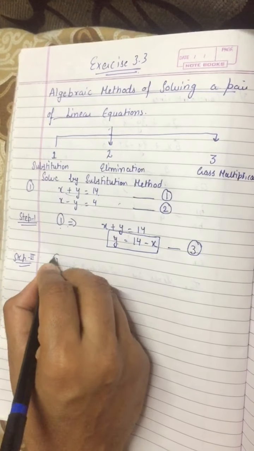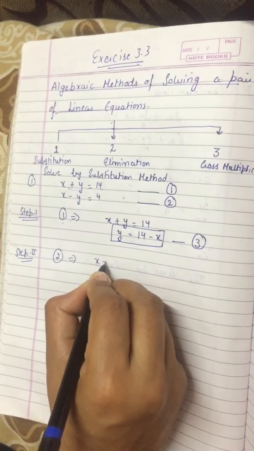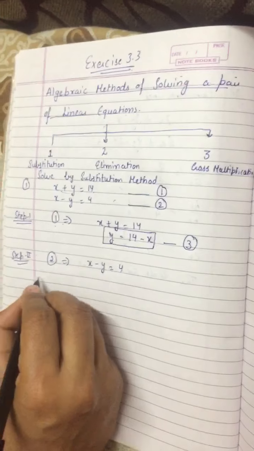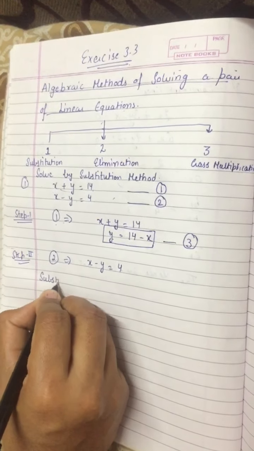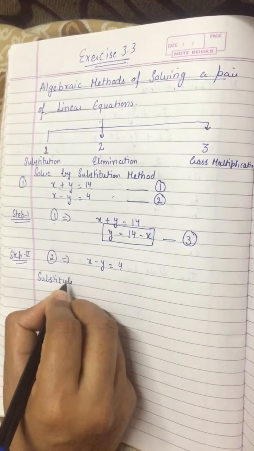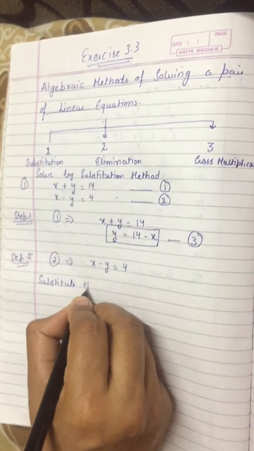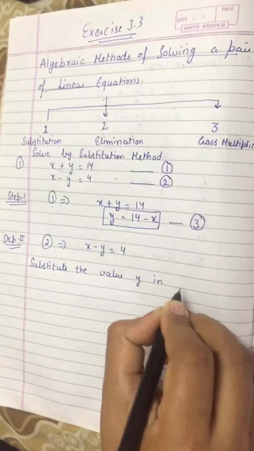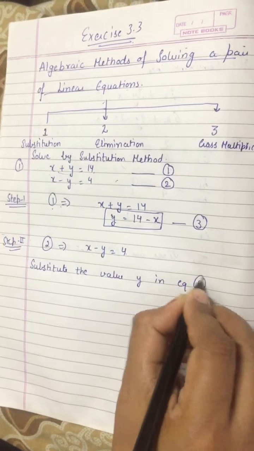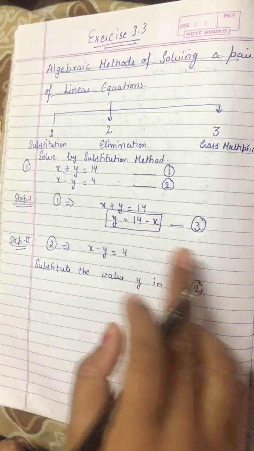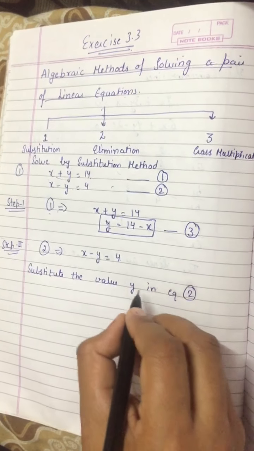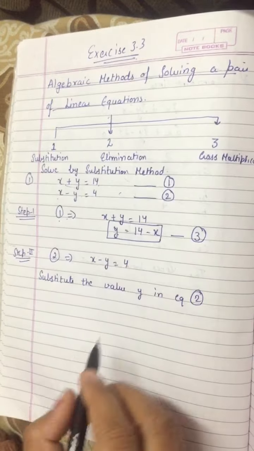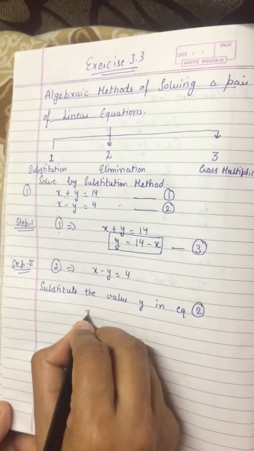The second equation is x minus y equals 4. Substitute the value of y from equation 3 in equation 2.